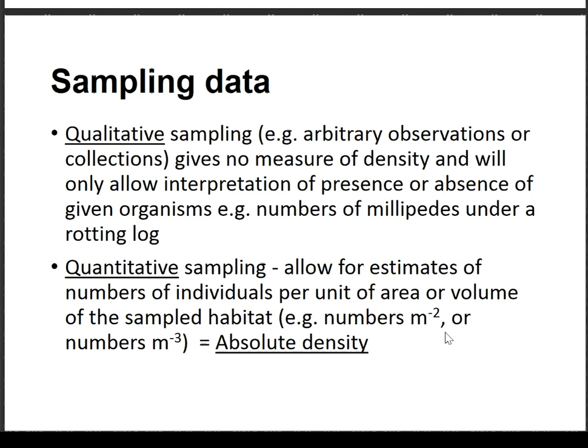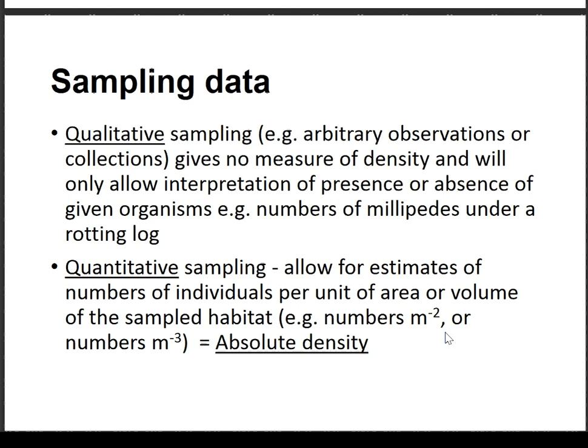For a measure of abundance, you need to count individuals. Okay, and that would be quantitative sampling. All right? You probably wouldn't use quantitative sampling for organisms which are too small or too numerous to count, like huge numbers of millipedes in the example here. Okay? Or it may be large numbers of grass plants, individual grass plants in a savanna.